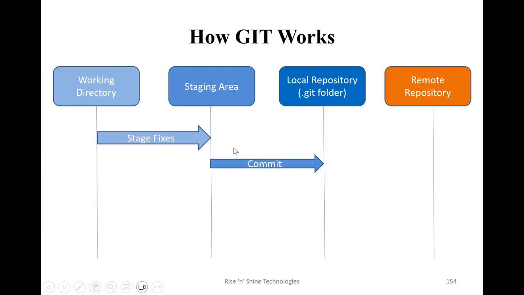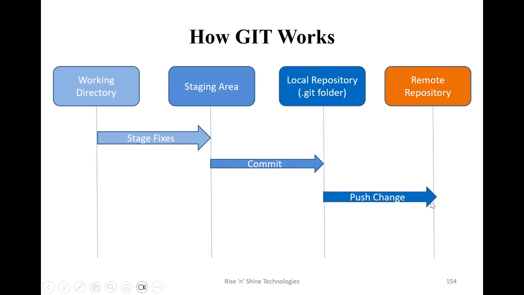Git commit is not from the workspace to the local; it is from the staging area to the local. After committing, it is updated to the .git folder. Then you can push to the remote repository. The remote repository is for distribution, so if you need distribution, you do the git push command.